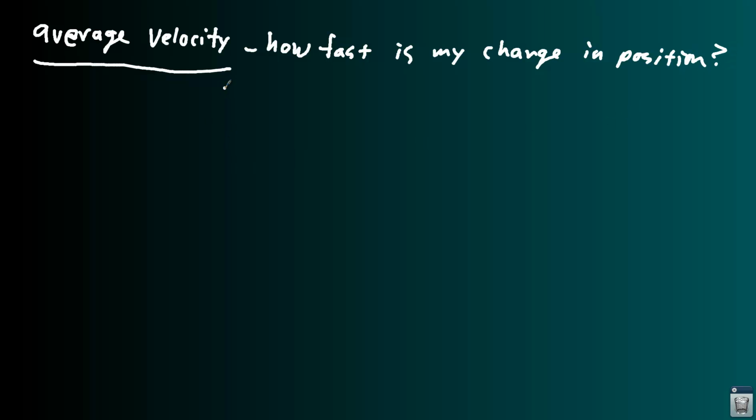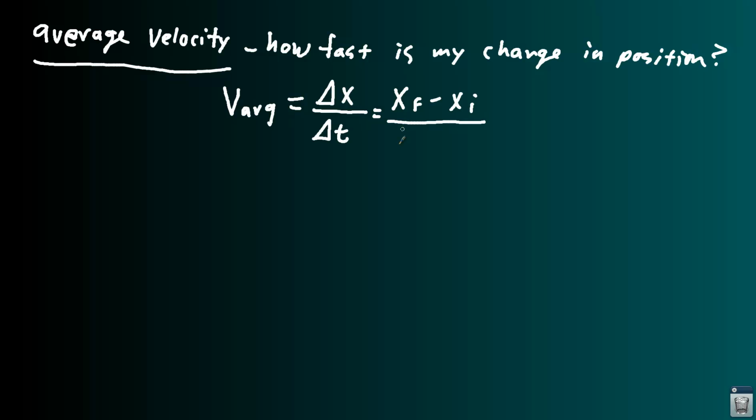Symbolically, we can write that as v average equals change in position over the change in time. Or, as we wrote this before, x final minus x initial. And now the change in time is going to be time final minus time initial.